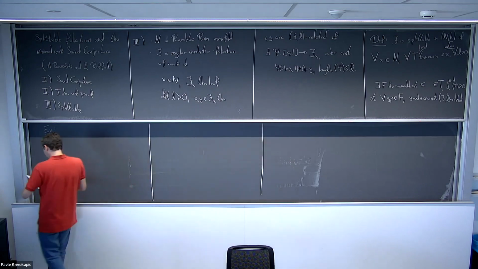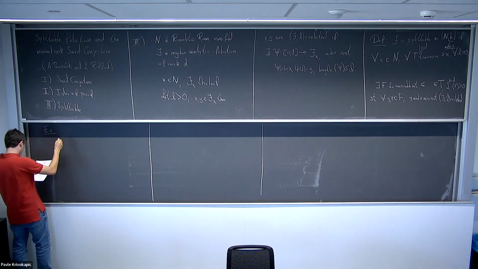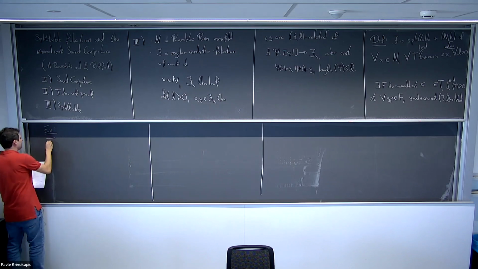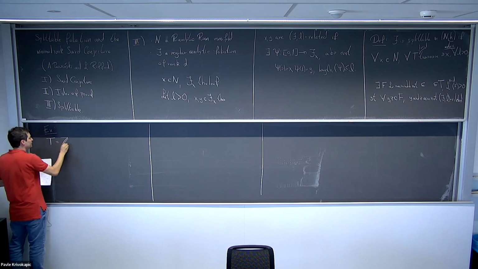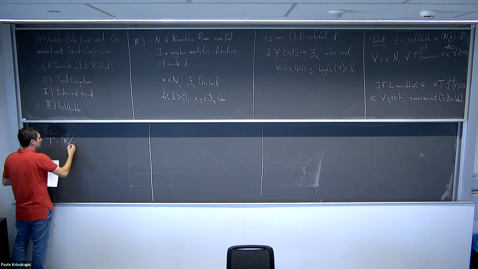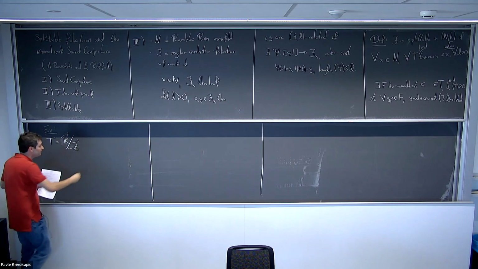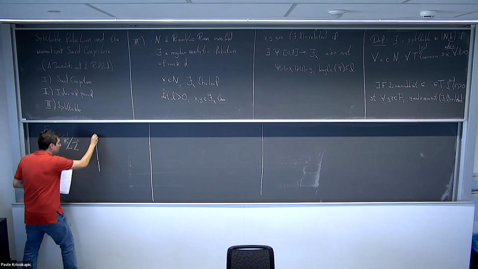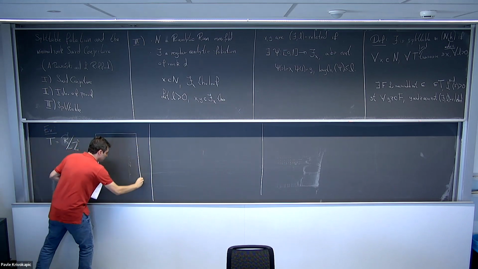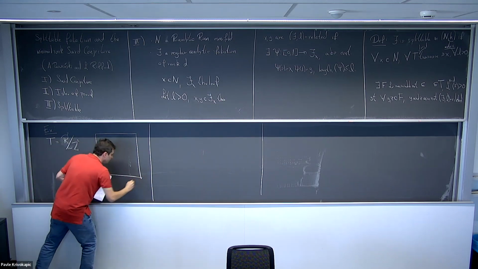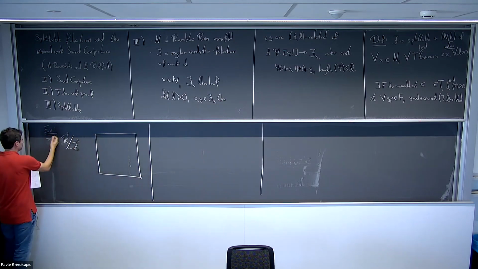is we take the torus. Let's just take R2 and let's quotient it by Z2. We take the torus. I'll take this so that I can take T as a transverse.